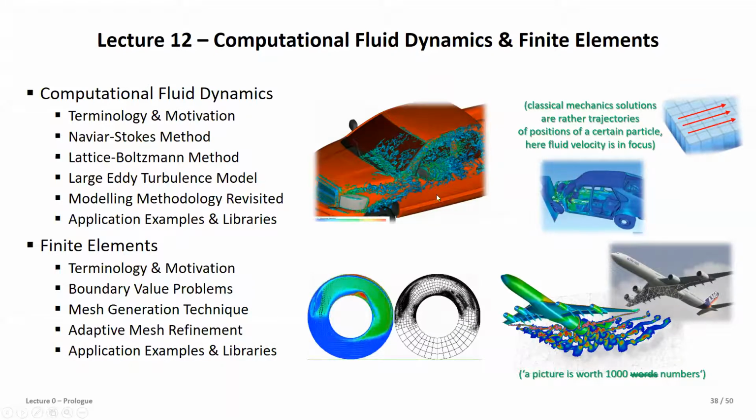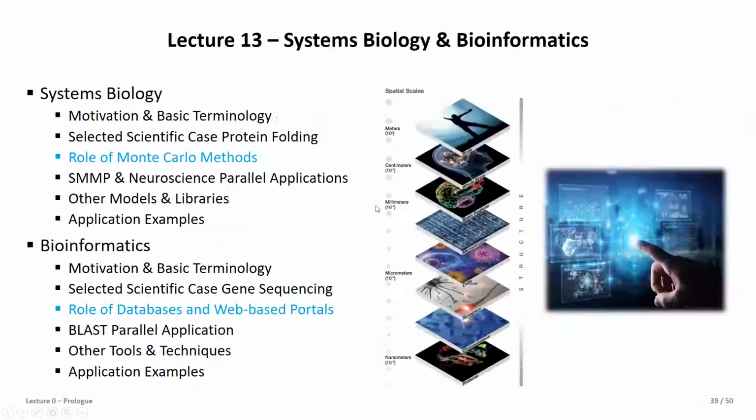And we look at crash tests and so on. It's a very interesting topic and requires enormous HPC, but also shows you where HPC is used today enormously in practice by engineers worldwide.